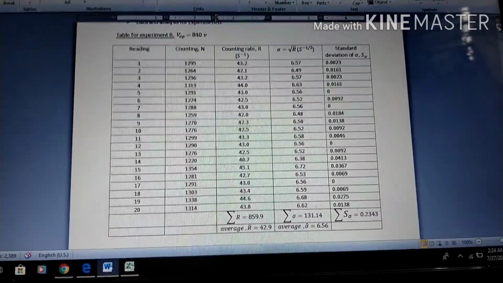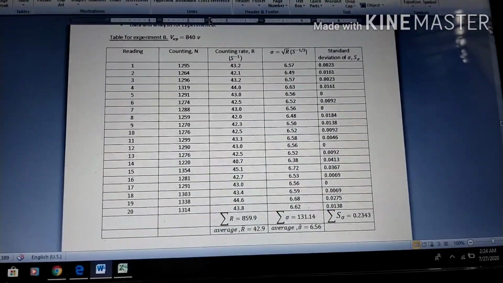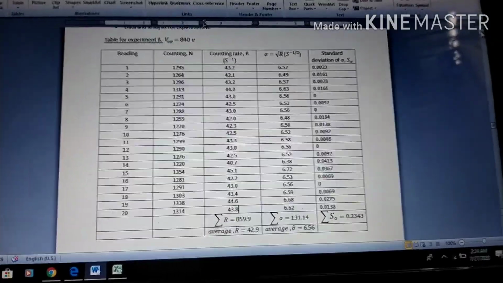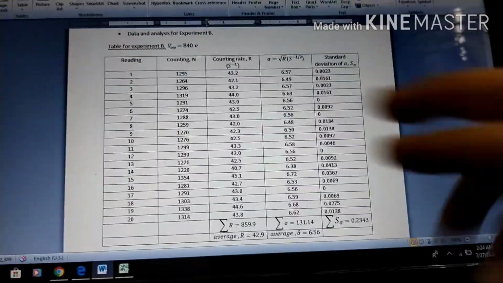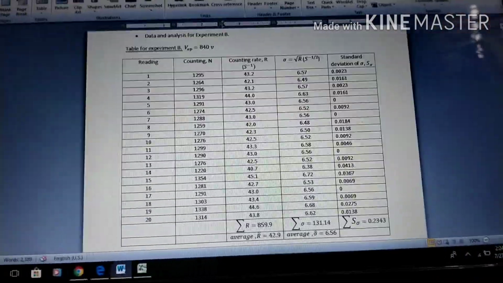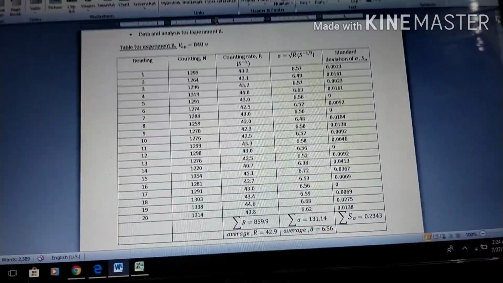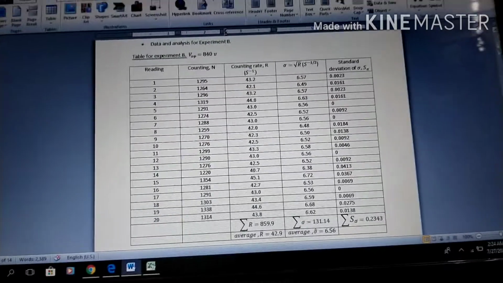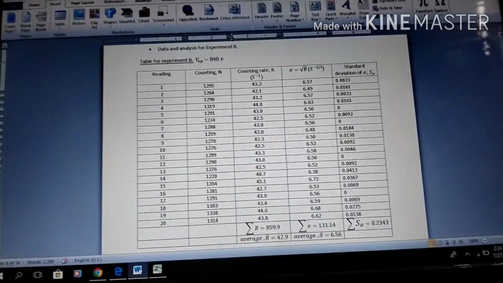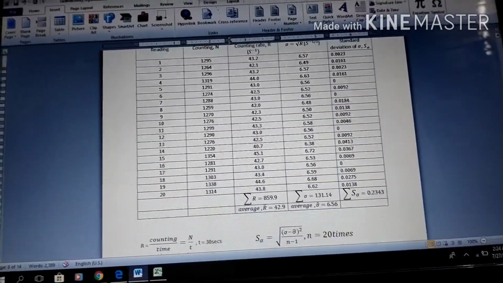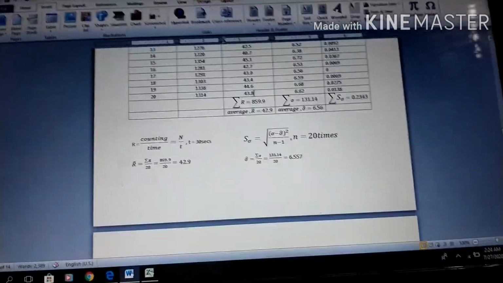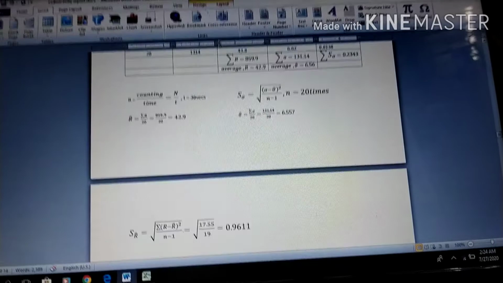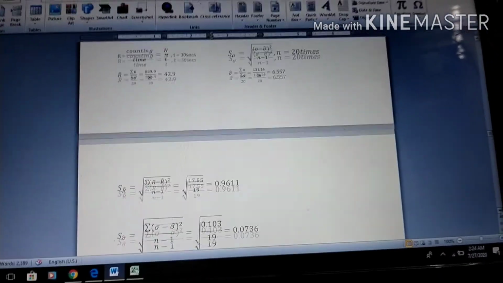Okay, for the data and analysis part of experiment B, we have to construct a table of reading, counting rate, and the standard deviation. After we construct this table, we have to do some calculation to find the standard deviation.